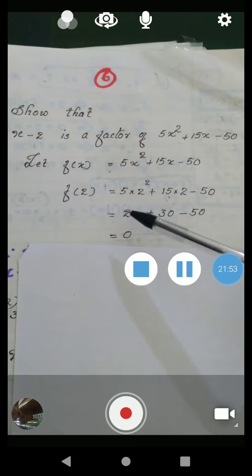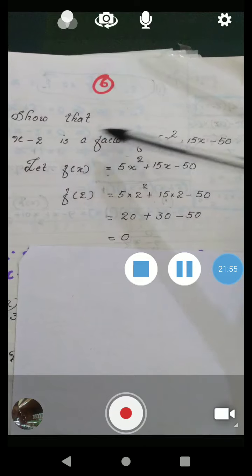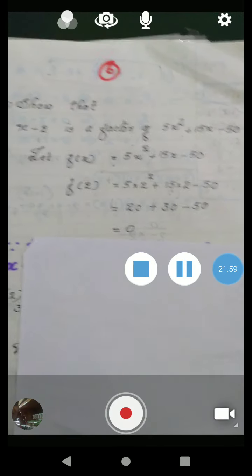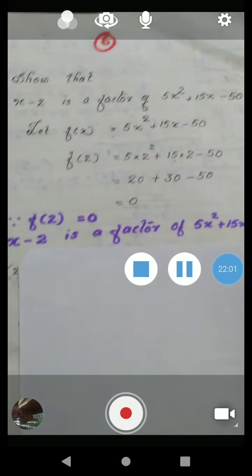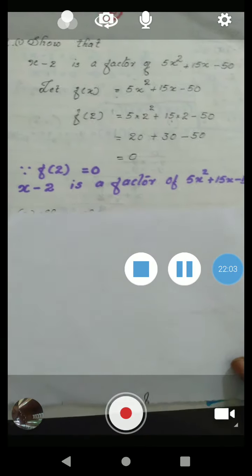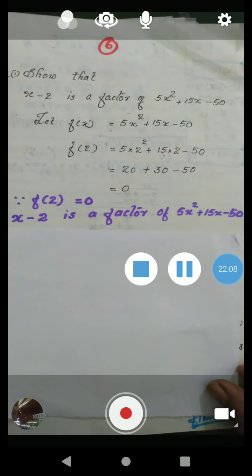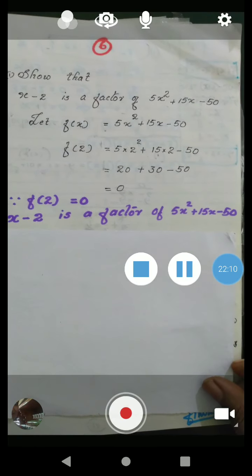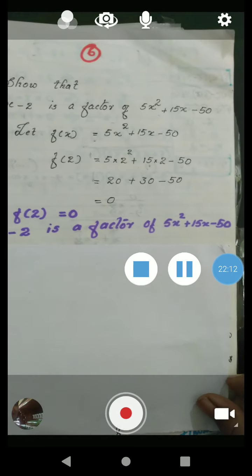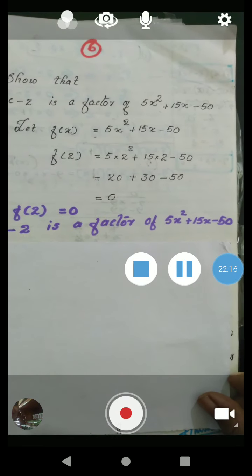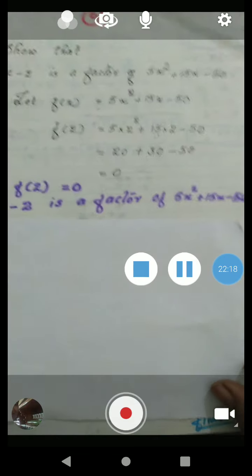Therefore, we can say that x minus 2 is a factor of the given expression. Okay. So, write the answer like this. Since f(2) is equal to 0, x minus 2 is a factor of 5x squared plus 15x minus 50.